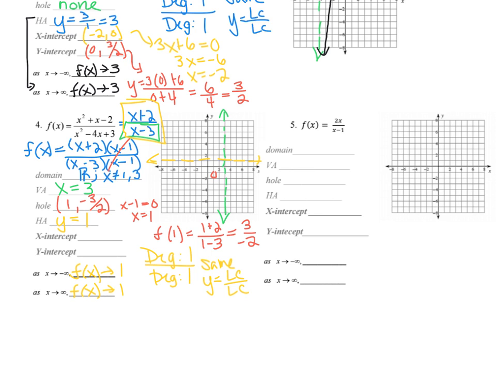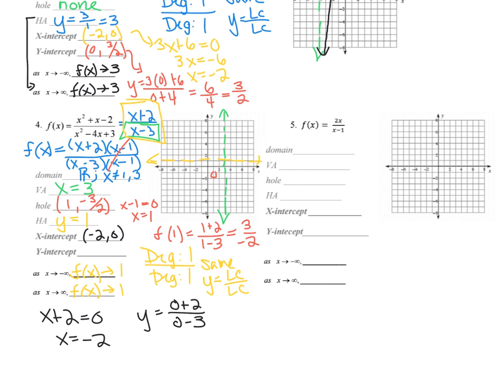Awesome. So the last part is our x and y intercepts. For the x-intercept, you always take the top, so all that's left on top is x plus 2, set it equal to 0. x equals negative 2 is the x value for our x-intercept, and 0 is always the y value. For the y-intercept, we plug in 0 for all the x's, so 0 plus 2 over 0 minus 3.